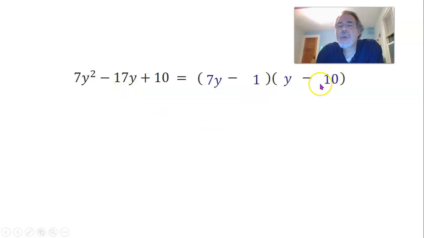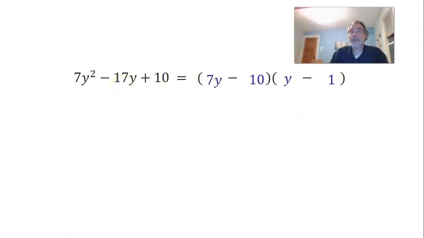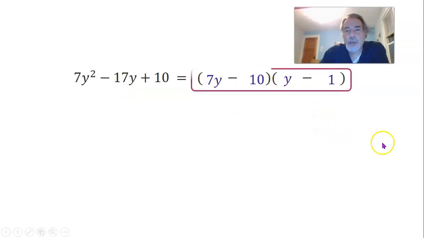What if we switch these around? Have them trade places. Now if we FOIL this, we get 7y squared minus 7y minus 10y, and those add up to minus 17y. Yay, that worked! And then the minus 10 times the minus 1 is plus 10. So yeah, we got this one now. That is the correct factoring.